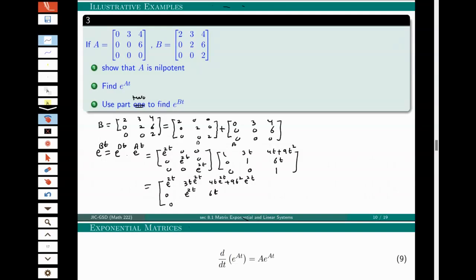Third row by second column again, it will be 0, and the third row third column, it will be e to the power 2t. So we are using the idea, if I have e to the power a plus b, that is actually e to the power a times e to the power b. That's the main idea which we are using.